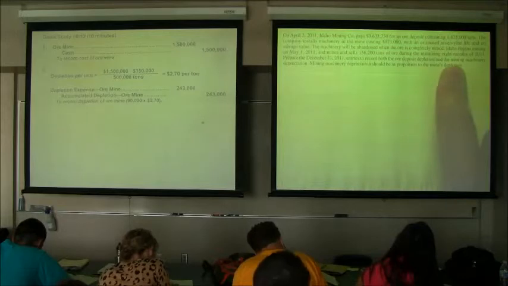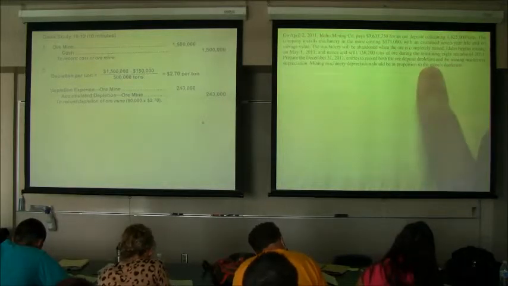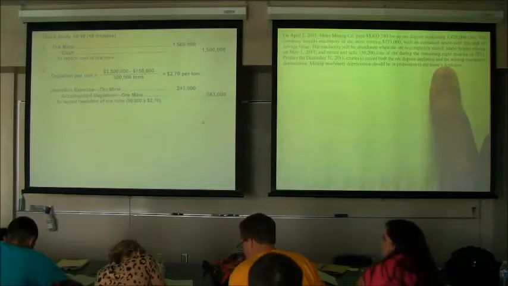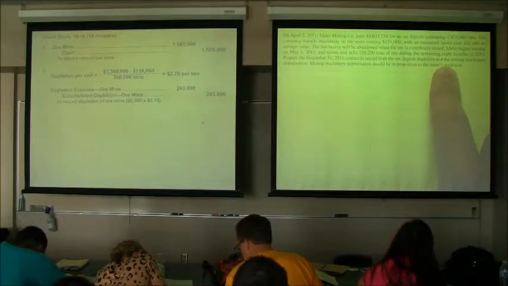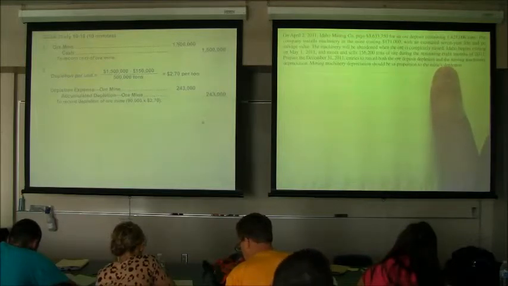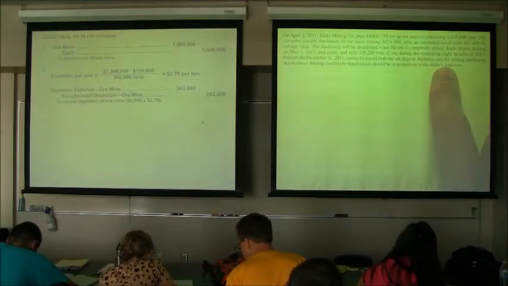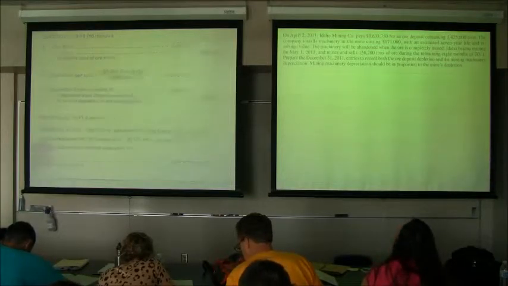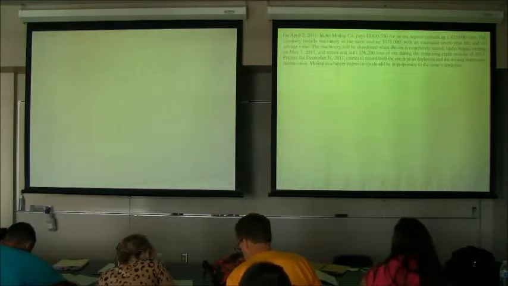However, just as before, if instead of abandoning the machinery when the mine is played out, the machinery would continue to be used to its normal life, then it would have its normal depreciation schedule. Does that make sense? All right. So here's what this particular one looks like.